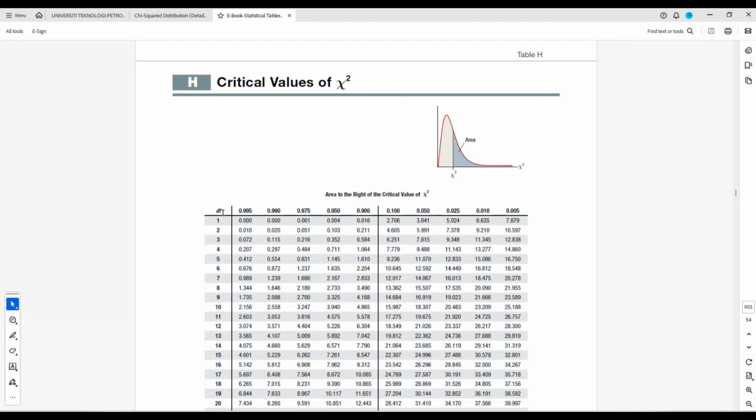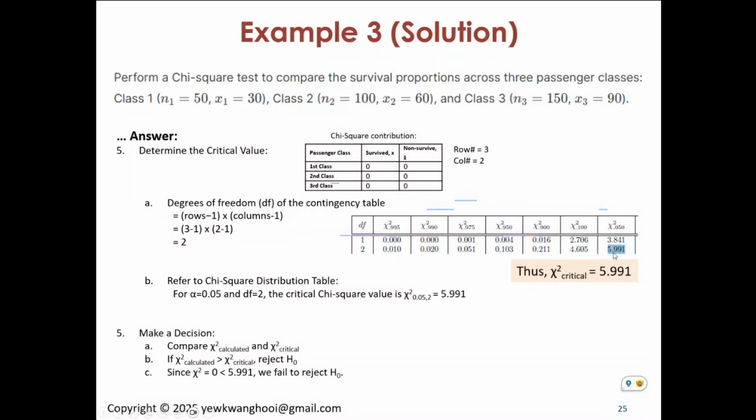The degree of freedom just now was 2, and the significance level is 5%, so we take the column 0.05. We acquire the value 5.991, which is the critical value of the chi-square. So what do we do next? Having the calculated chi-square value and the critical chi-square value, we compare them: calculated versus critical.